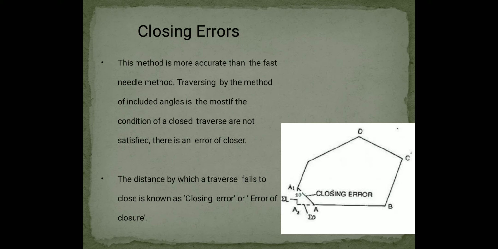One thing we have to take care of with the closing error is that it should be checked against the angles. Here the error of closure will be a point of consideration. The distance by which the traverse fails to close is known as the closing error or the error of closure.